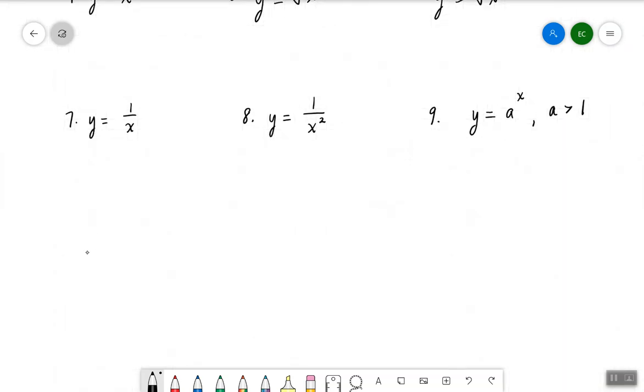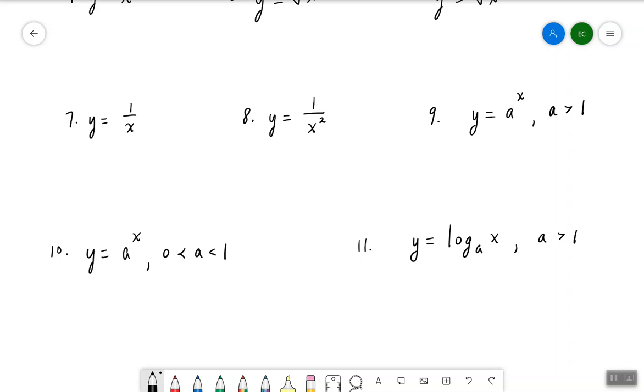And we also learned y equals a to the x, where a is between 0 and 1. And now, just now, we have the last in the list, which is y equals log base a of x, where a is greater than 1.